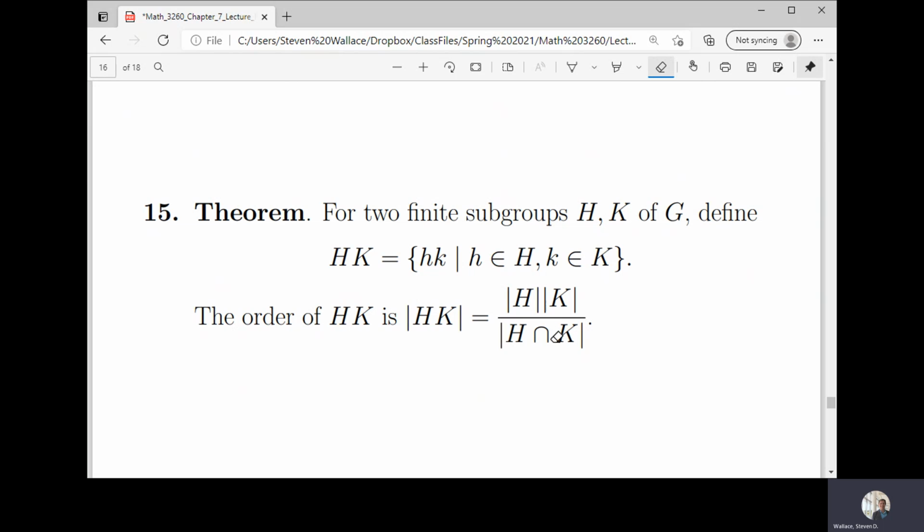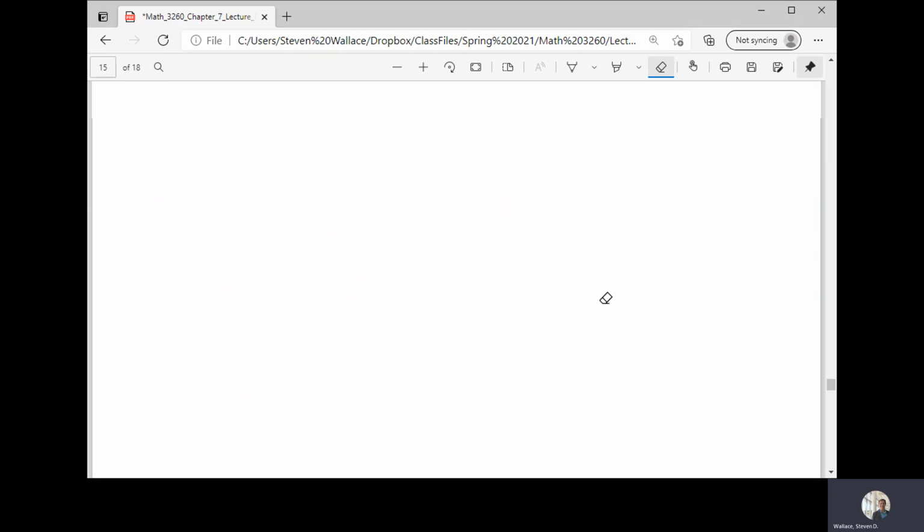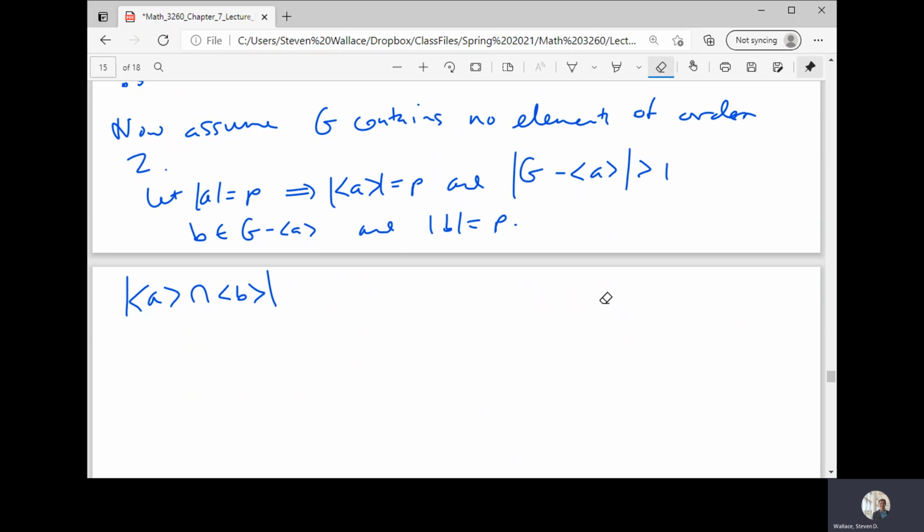This intersection must divide the product of these two things together.